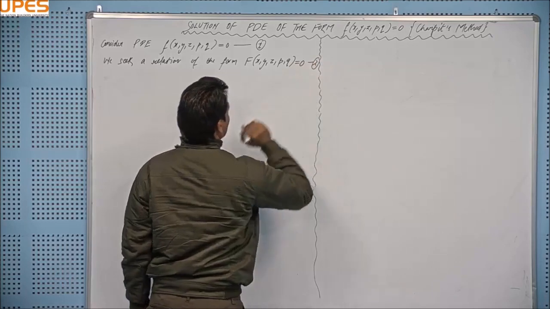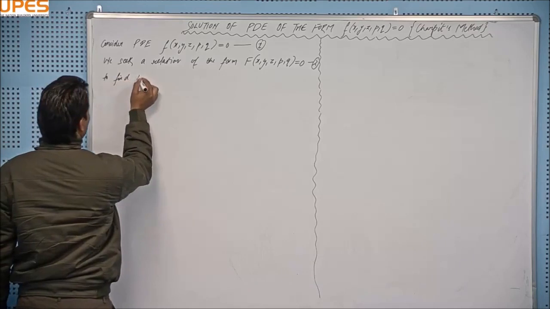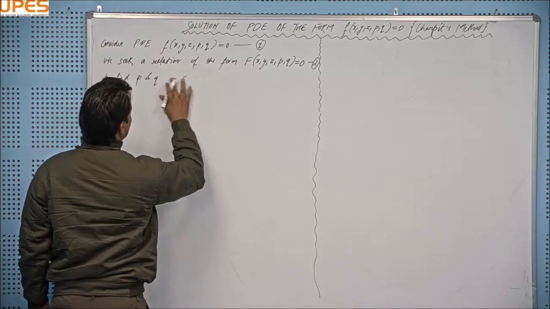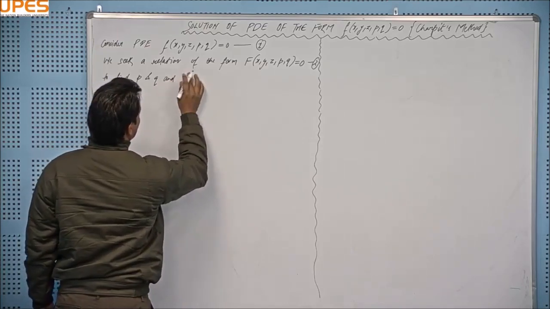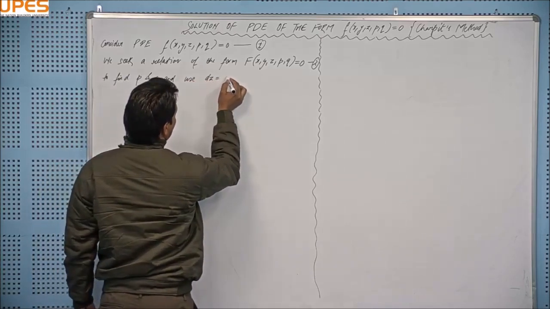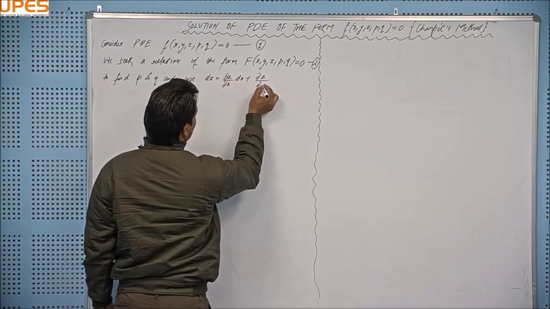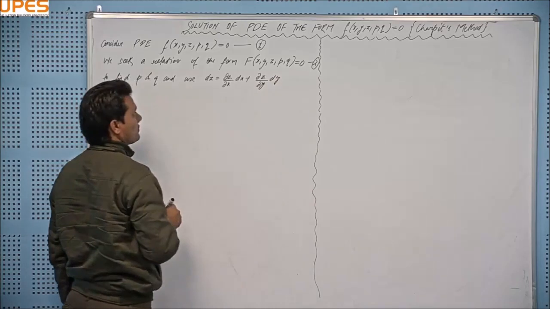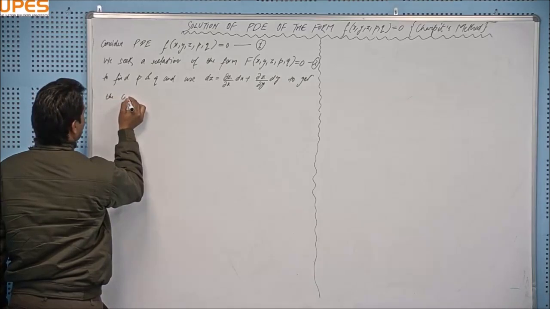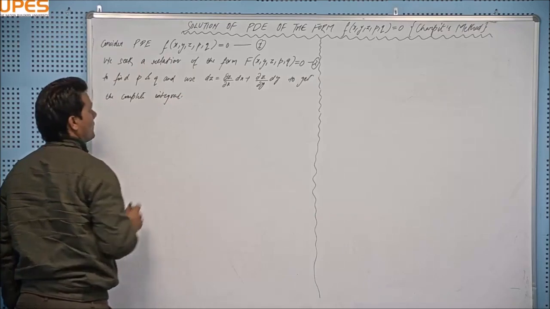This is my equation number 2, to find small p and small q, and use dz is equal to del z over del x dx plus del z over del y dy, to get the complete integral. What does it mean actually?